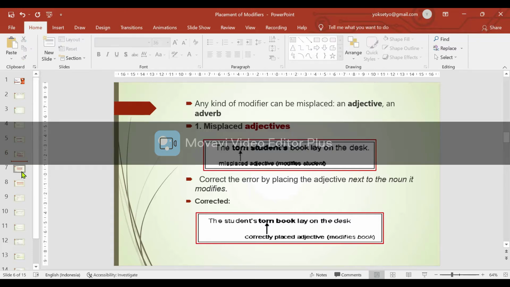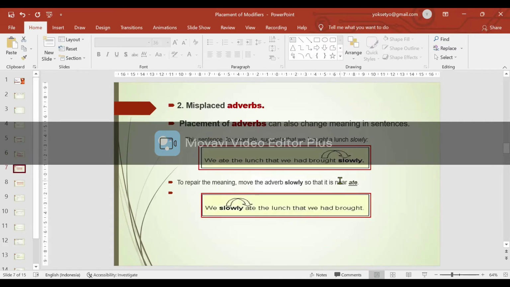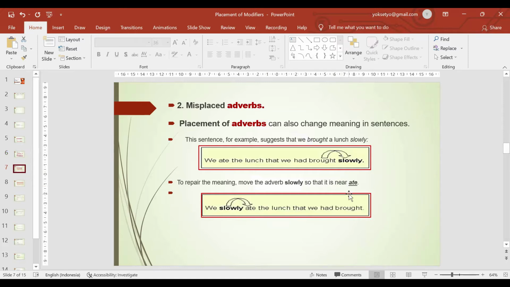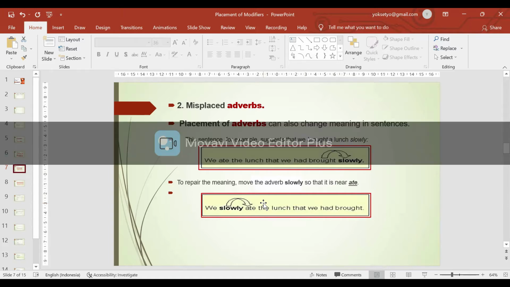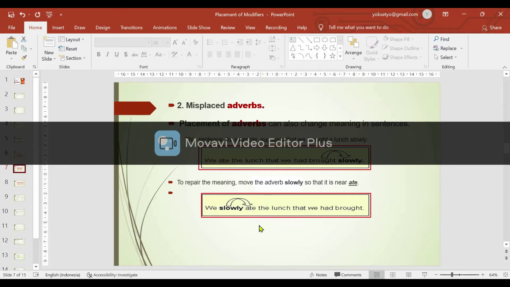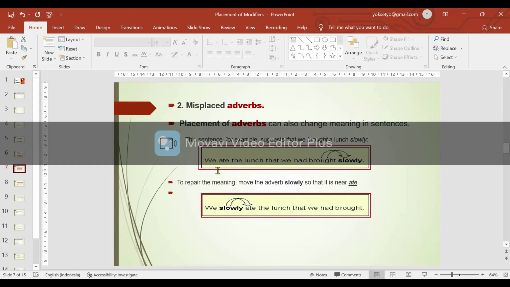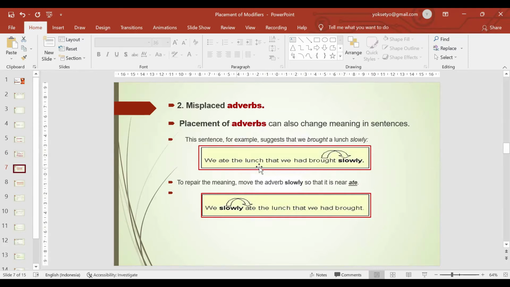And next, look at the examples of misplaced adverb. Placement of adverbs can also change meaning in sentences. The sentence, for example, suggests that we brought a lunch slowly. So if you look at the example, we add lunch that we had brought slowly.